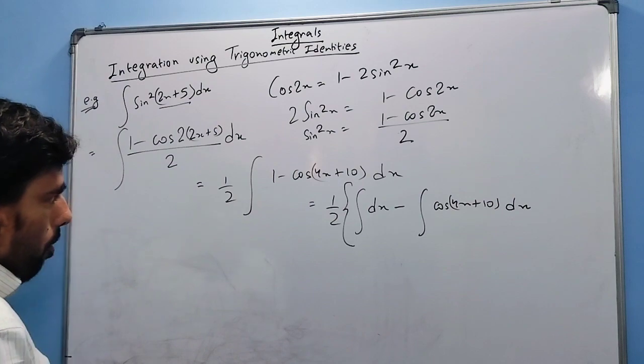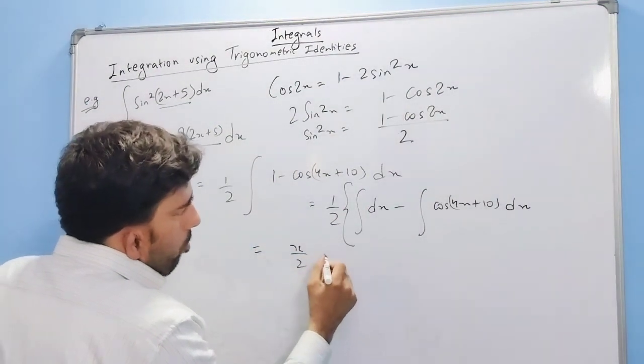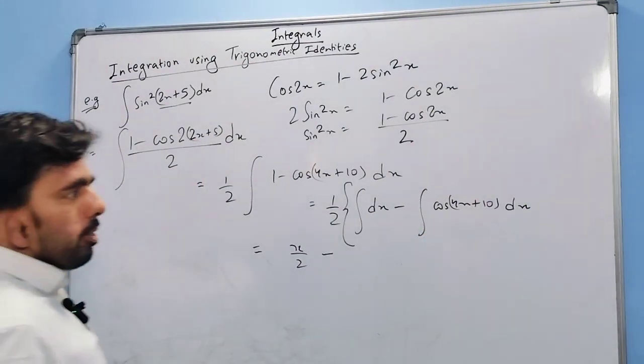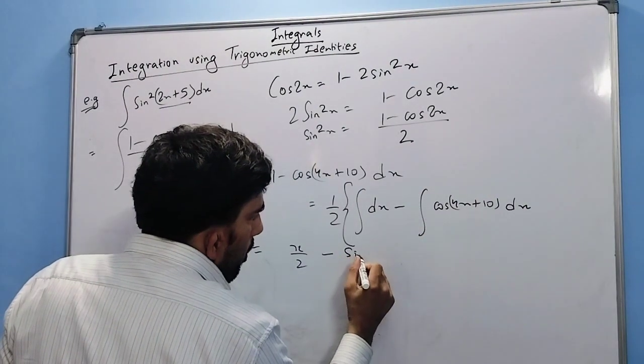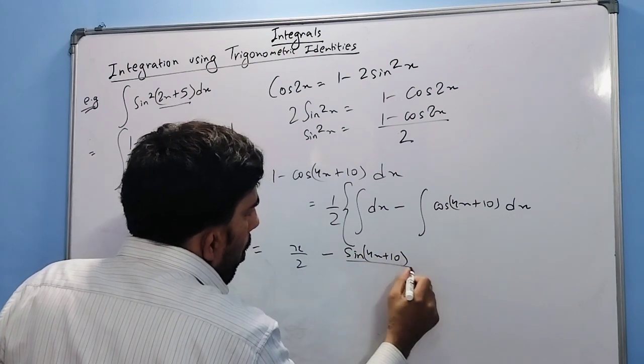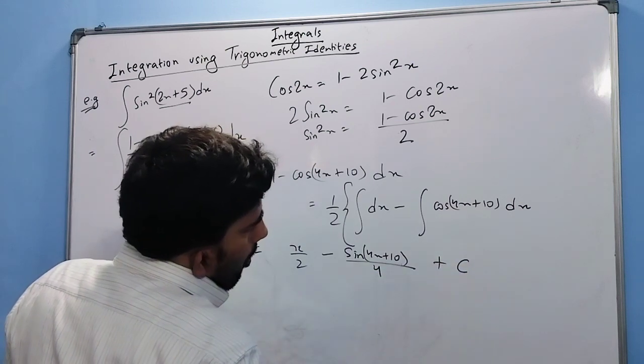My next step will be x by 2 minus, what is the integration of cos x? We all know it is sin x. So I will have sin(4x plus 10) upon 4, plus c.